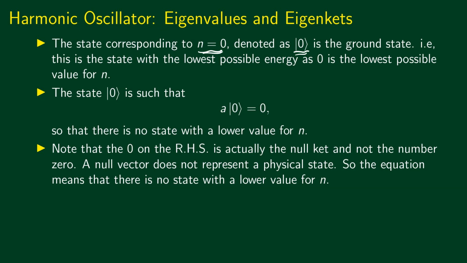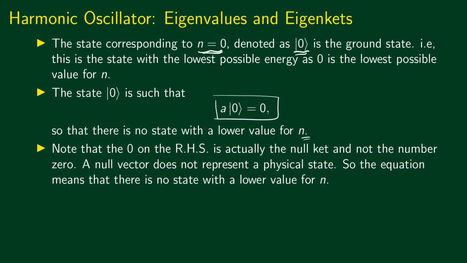We already saw that the annihilation operator acting on ket 0 gives a null ket, which means that there is no state corresponding to a lower value for n. Note that what we have here is the null ket and not the number 0. And a null vector or a null ket does not represent a physical state. So what this equation means is that there is no state corresponding to a lower value of n.